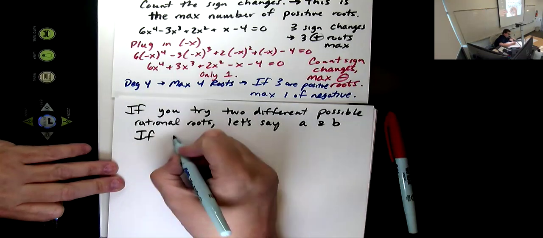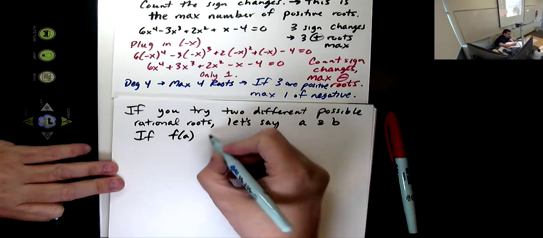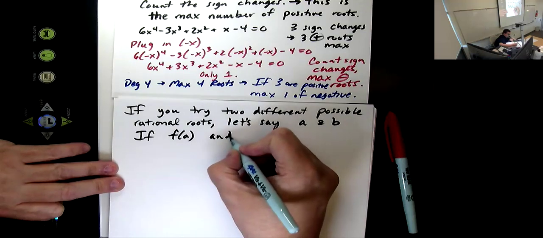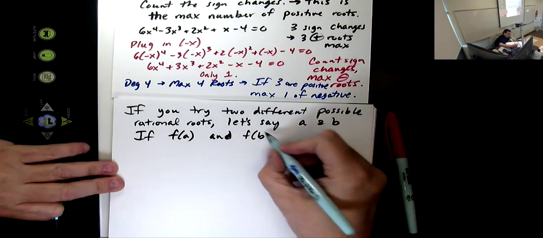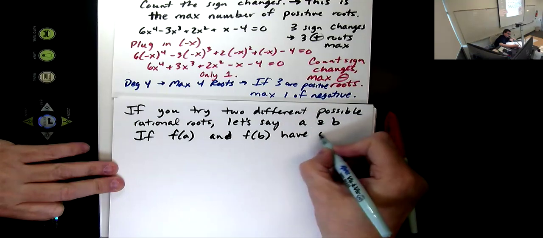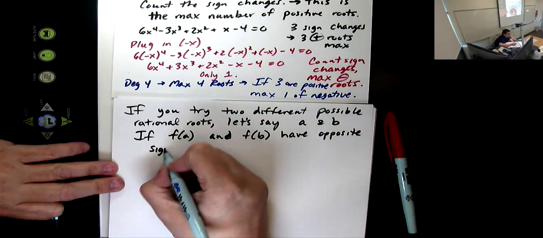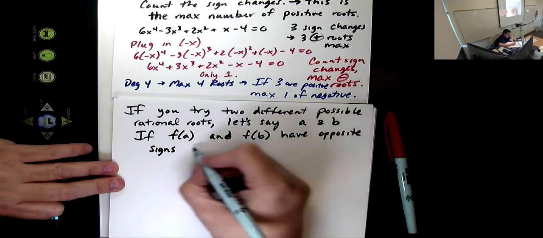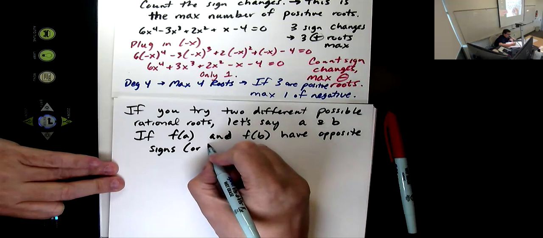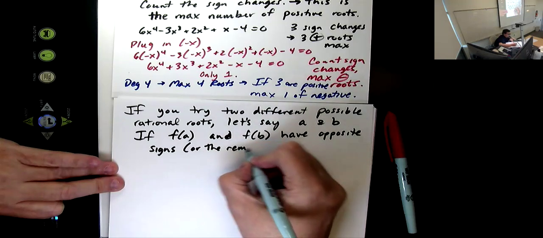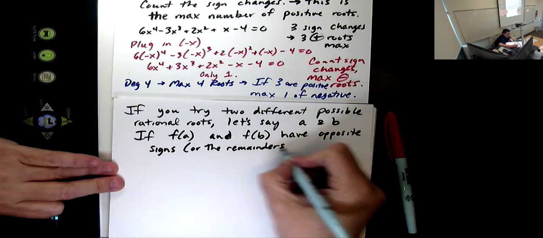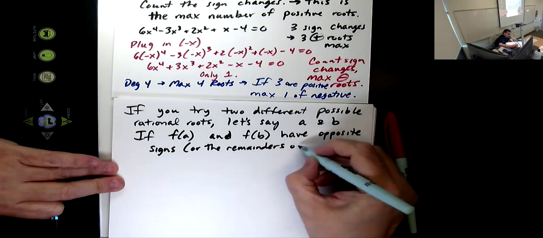If f of A and f of B have opposite signs, or the remainders are opposite signs if you're doing synthetic division.